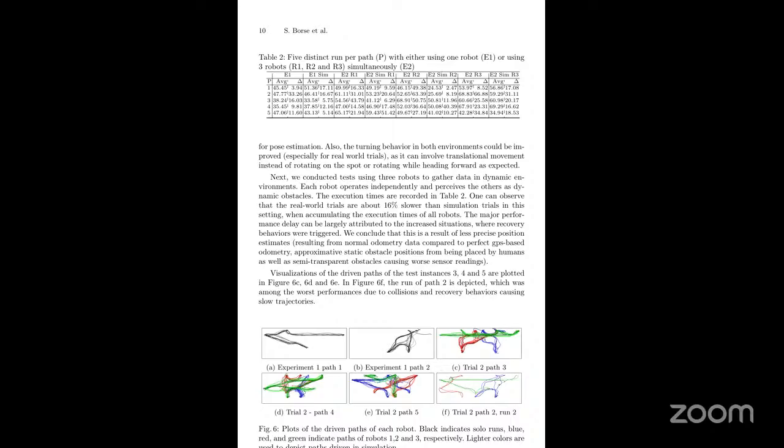Average execution time, path 1, 45.45, simulation 51.36 seconds. So delta represents the variation, the consistency. If the delta is very small, that represents the robot is moving perfectly. If delta is larger, that represents every run time is changing.